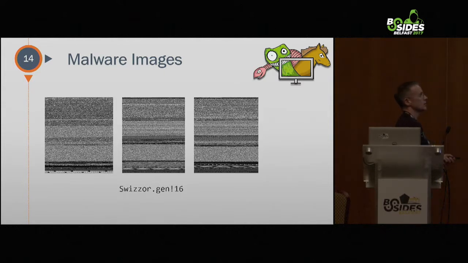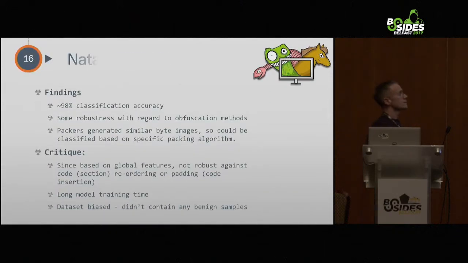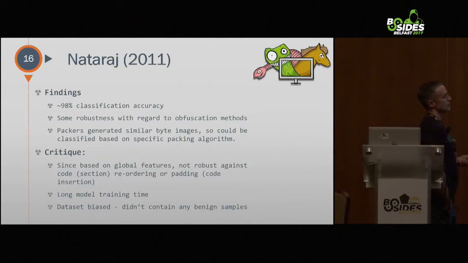His findings were pretty good. He got around 98% classification accuracy, with some robustness with regard to obfuscation methods. The ones that he did come across, he was able to identify within reason. He puts it down to pure encryption methods in a lot of them. He had one interesting finding: packers generate similar byte images.